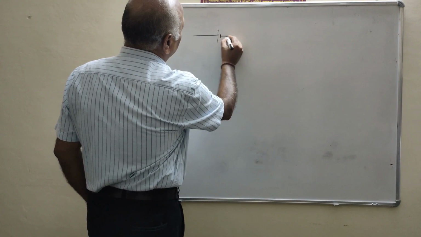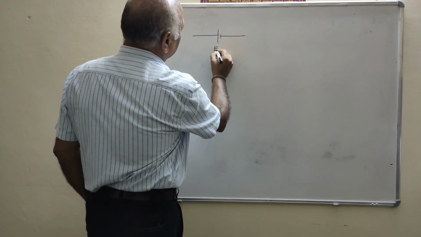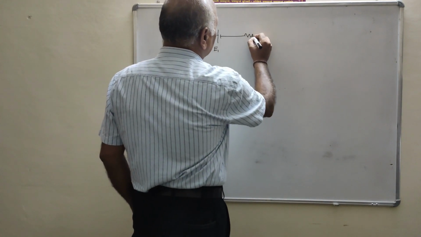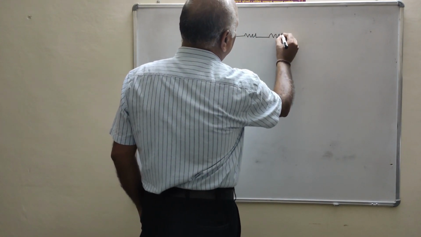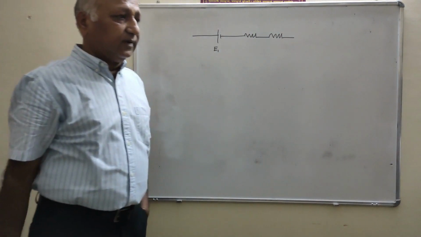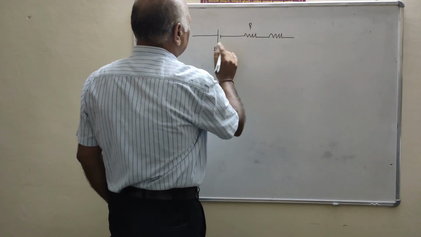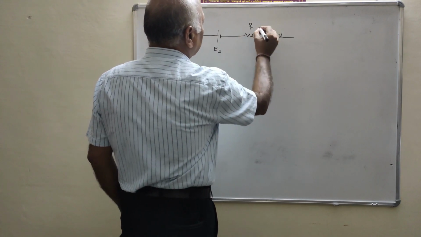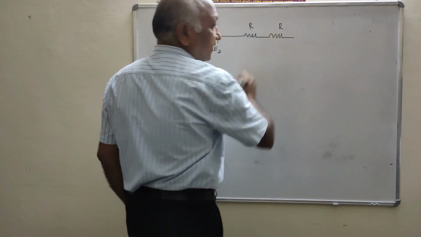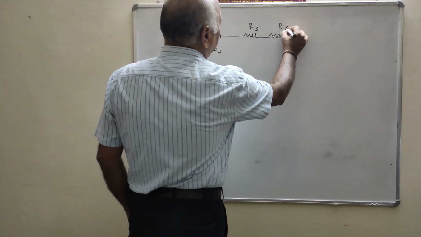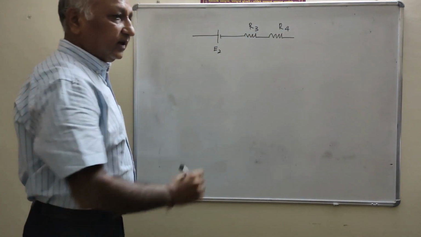For example, this is the source. This is E1. Clear? These are the two resistances. This is R1. Say, this is E2. This is the resistance. Say, these are R3 and R4. Clear?